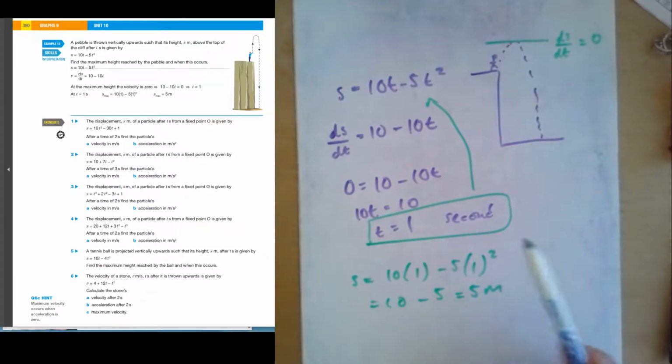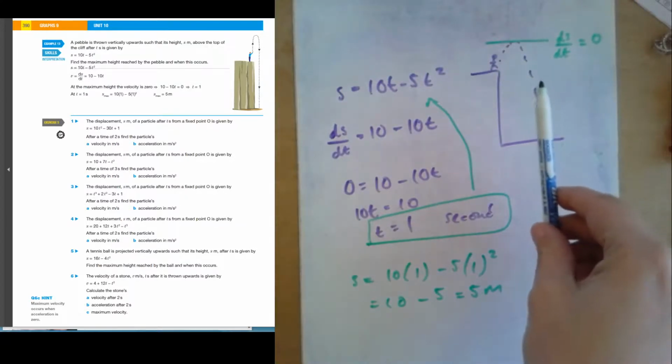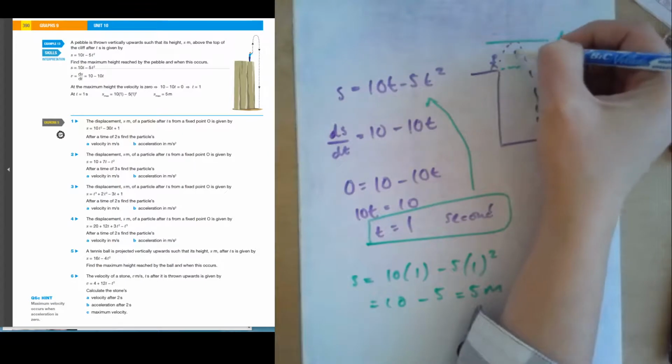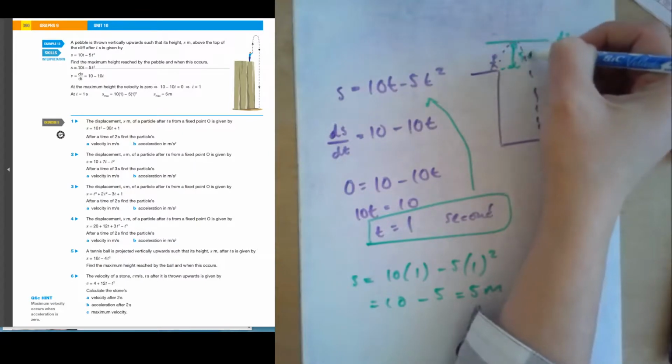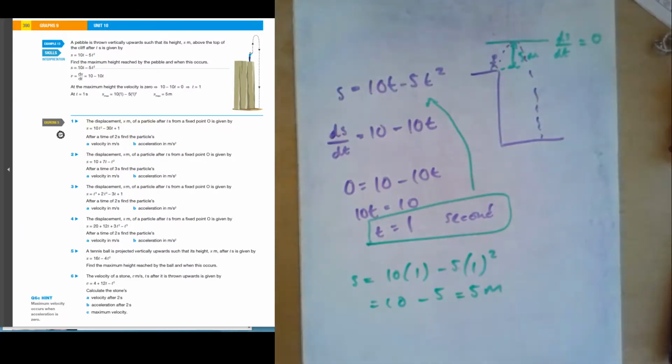Because it's displacement, that positive would be this way, so the maximum height is 5 meters. Hopefully that goes through some of the stuff. All you're doing is applying the differentiation that you have.